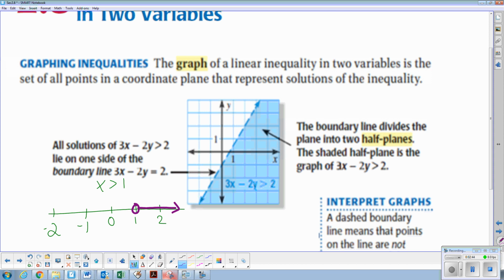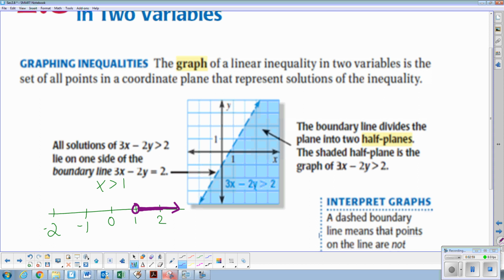So anything greater than 1 would be a solution. So 1.2 would be a solution, 2 would be a solution, 100 would be a solution, 99.5 would be a solution. All of those are solutions, and on our number line, that's the part that we shaded.